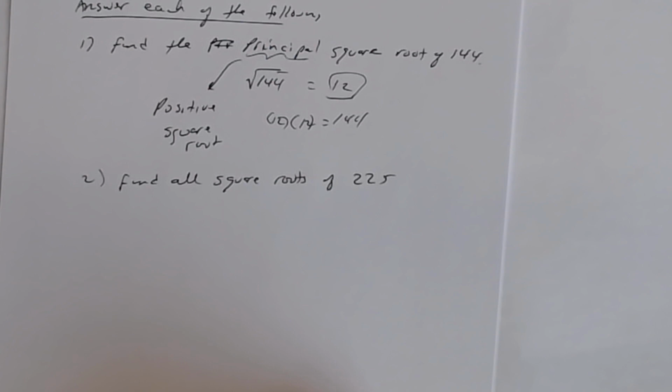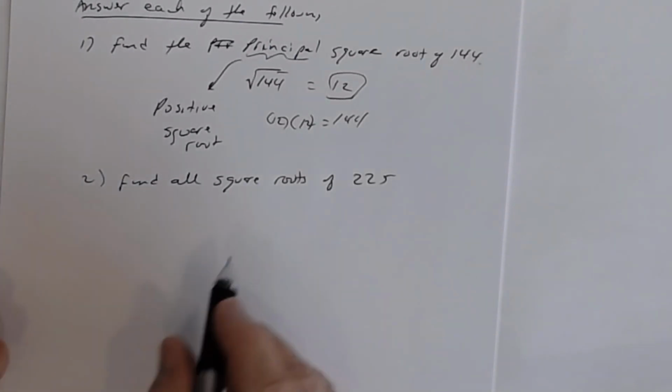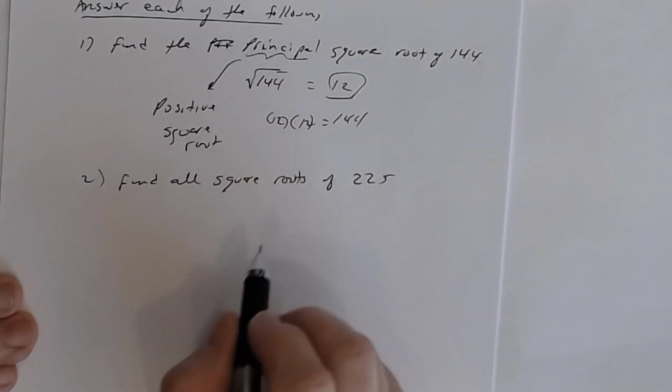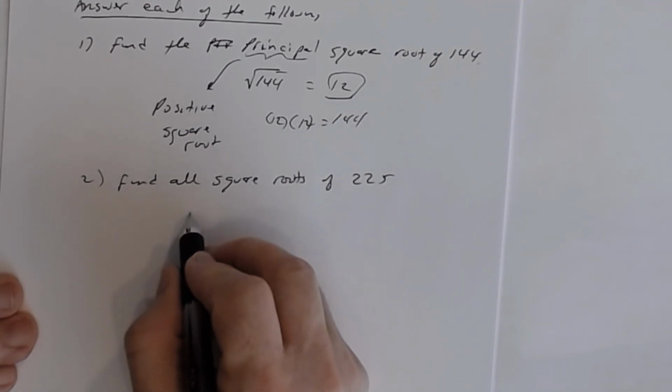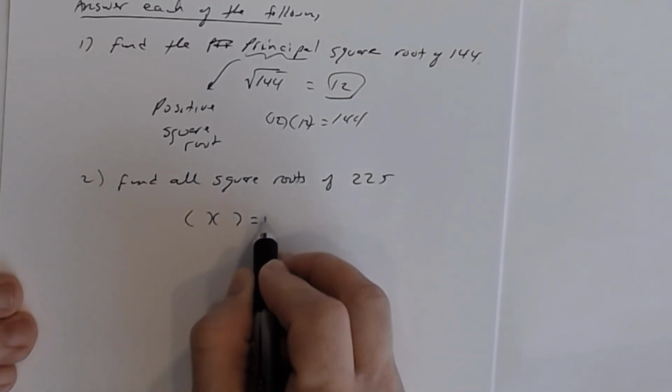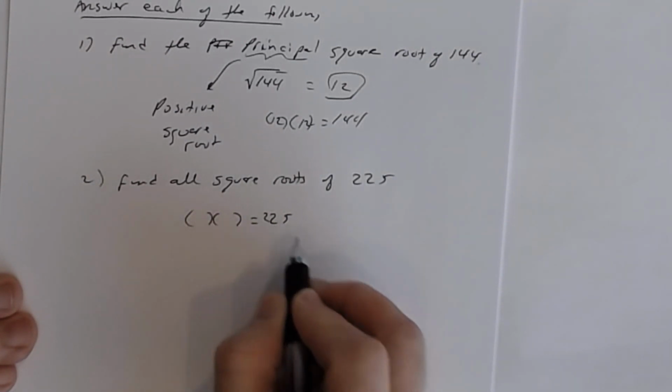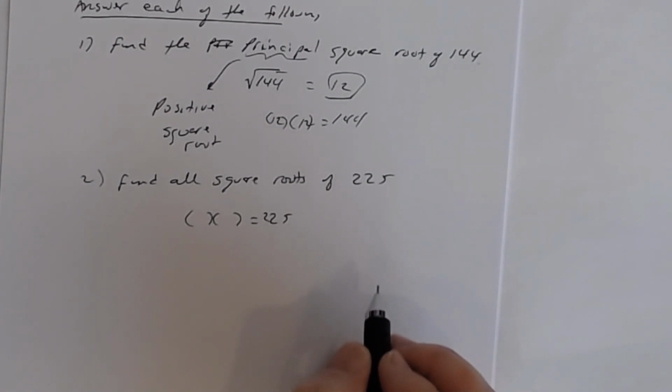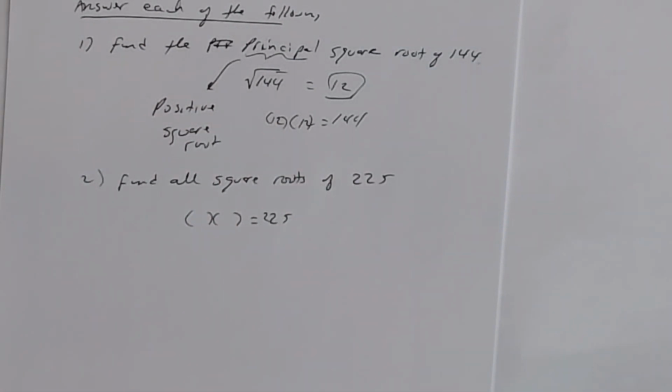Now listen to this discussion. Remember, you're finding the square root of 225. So you ask yourself, what number times itself is 225?